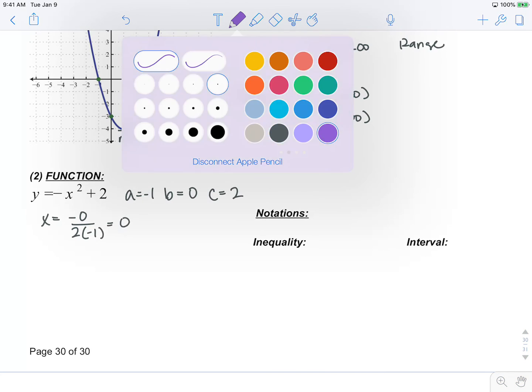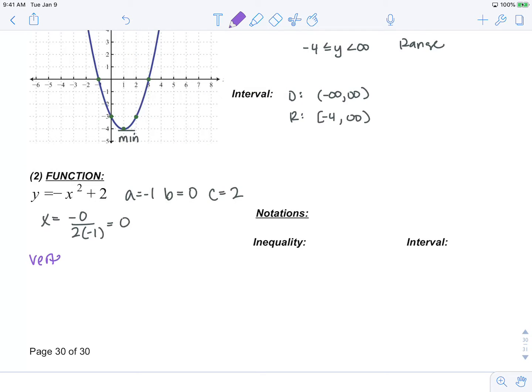So then if we want our vertex, we know it's going to have 0 for our x value. So for our y value, y equals -0 squared plus 2, which makes y equal to 2.